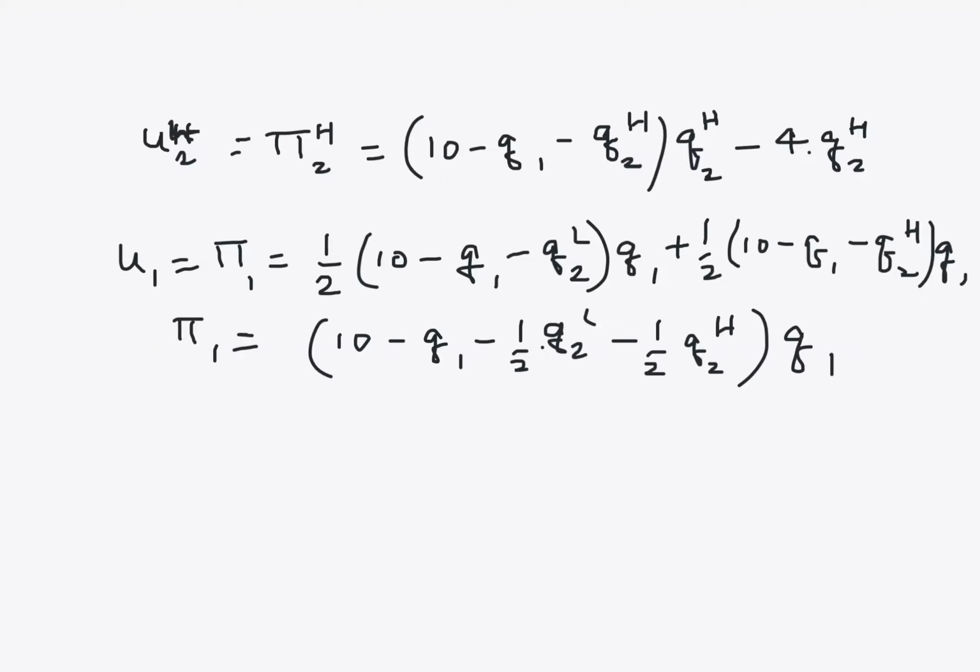Note here that firm 1's payoff is an expected payoff, and we obtain it by averaging the payoffs of facing the low and high types of firm 2, according to the probability of these types.